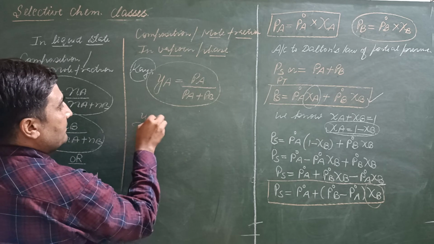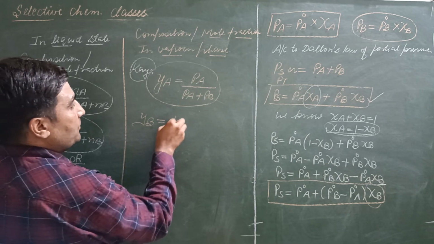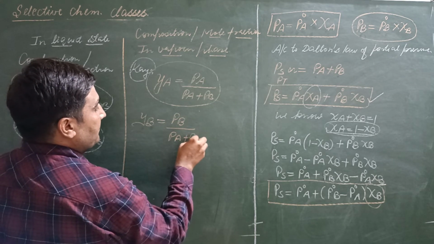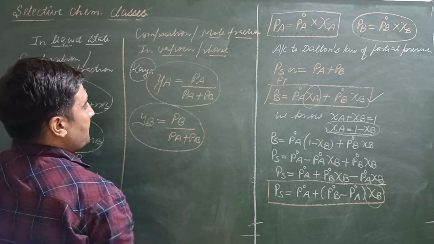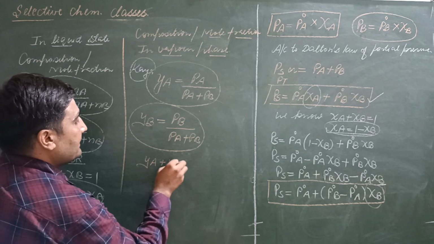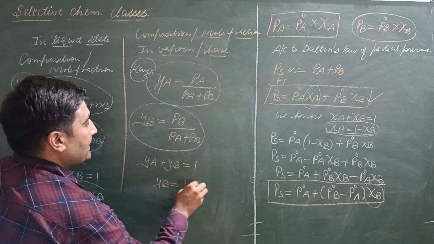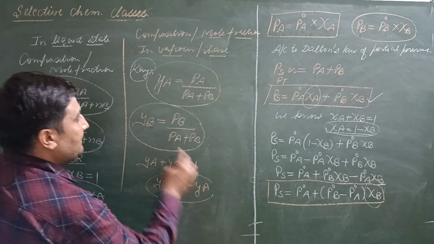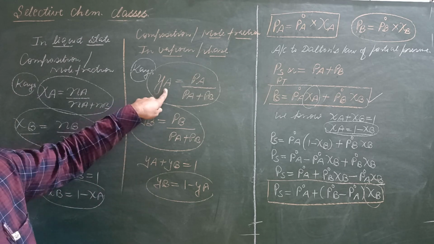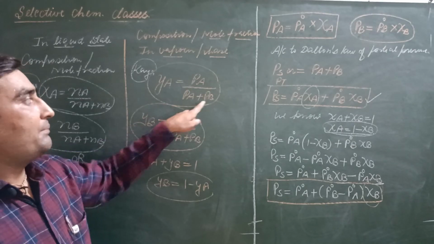Again Yb, the mole fraction in vapor phase for the solute, will be equal to PB by PA plus PB. Then the sum of Ya plus Yb equals 1, and Yb equals 1 minus Ya. In a similar way, we can easily find the mole fraction in vapor phase by knowing the partial vapor pressures of A and B.